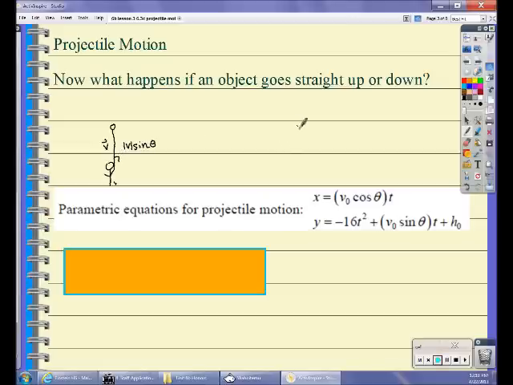Please remember, sine of 90 degrees is 1. Cosine of 90 degrees is nada. It's 0. So what happens to these if this is replaced with 0 and this is replaced with 1?